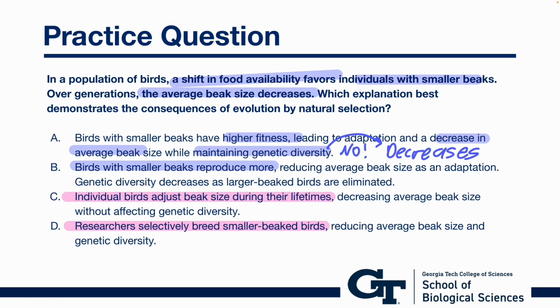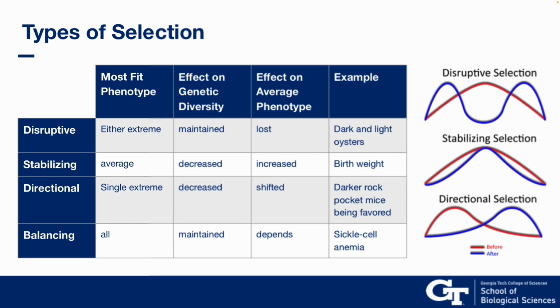It's going to have to increase fitness. If we're increasing fitness, we're reproducing more, and more reproduction means an increase in fitness. We're going to have that fitness advantage. So we know it's going to be B, because smaller beaks confer that fitness advantage, and that means we're able to reproduce more and pass on the small beak trait more. So the correct answer is B.